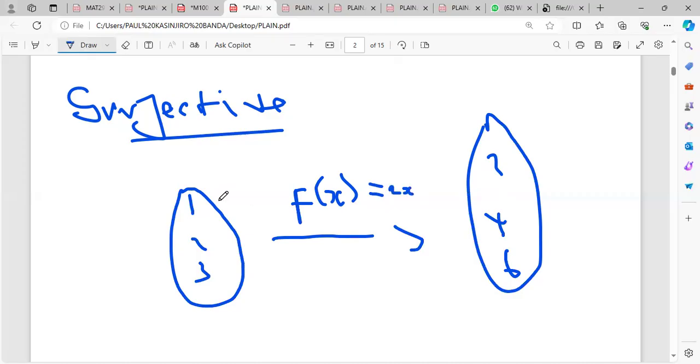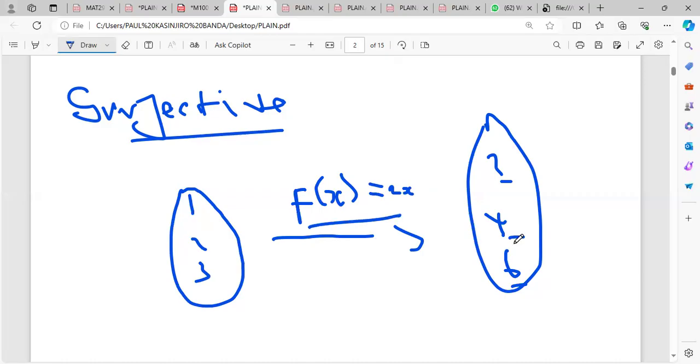So that when I take 1 as an input there, you can say I'm getting 2. If I get 2 as an input, I'm getting 4. If I get 3 as an input, I'm getting 6. So that's what a surjective function is. Every element of the second set is as a result of applying an input from the first set in this function.